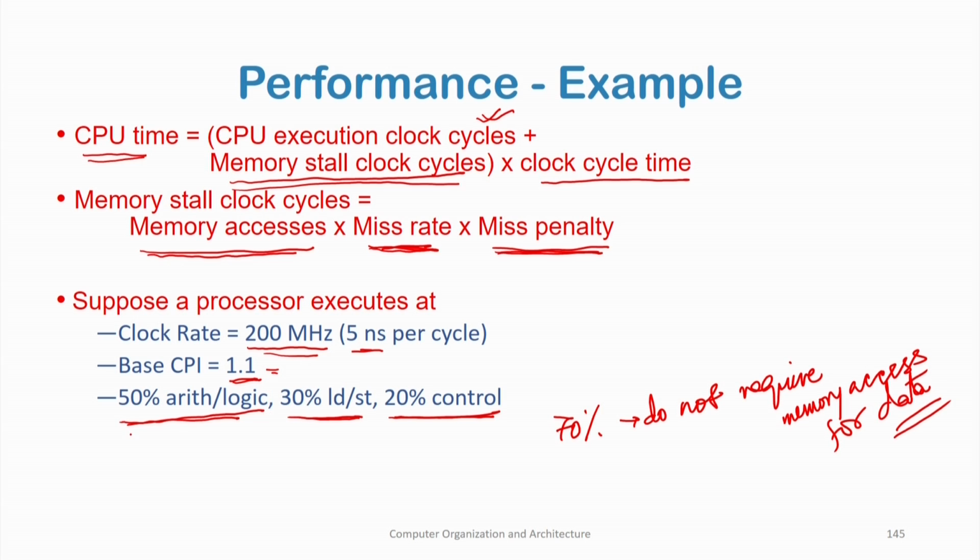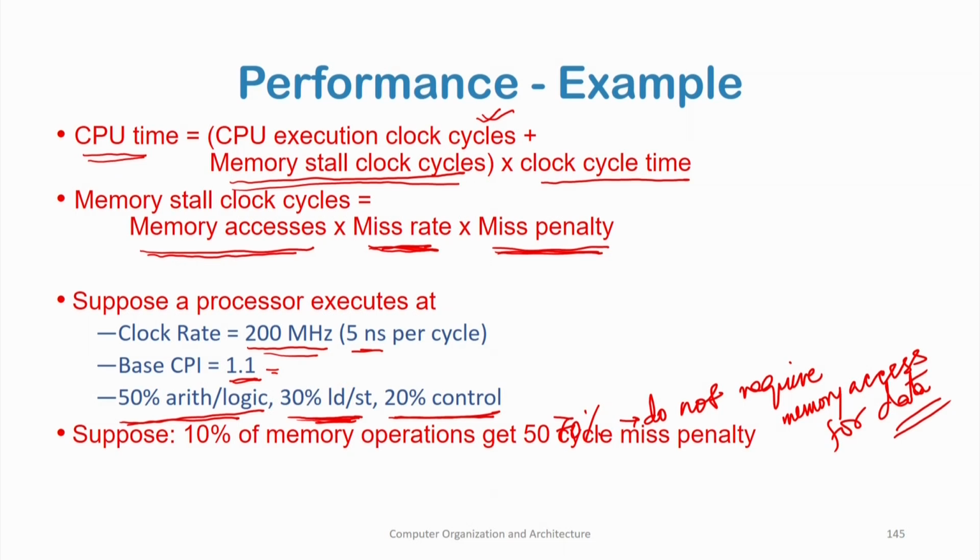All instructions, everybody requires to access memory for instructions, of which some may be missed. So, if I do not have the instruction at a certain level of memory, I have to go to the next level of memory to get the instruction, and for the 30% load store instructions, I have to access memory for data. For all instructions, I have to access memory for the instruction itself, and for 30% of the instructions, I have to access memory for data.